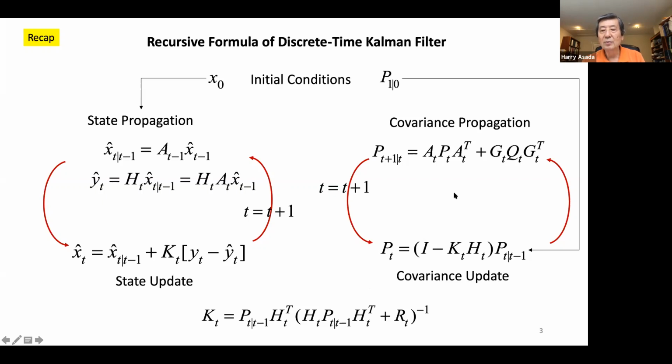That is actually computed on this side, starting with the initial a priori error covariance P_{1|0}. We can immediately compute the P_1 based on this covariance update, and then the covariance propagation algorithm comes in to compute P_{2|1}. And repeating this, we can compute all P's, thereby we can provide all Kalman gains necessary for computing this.